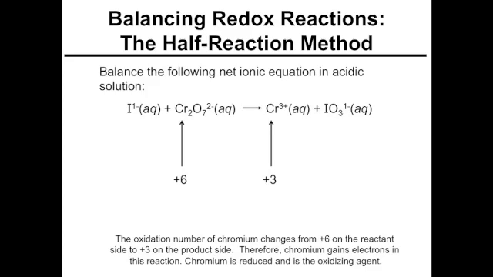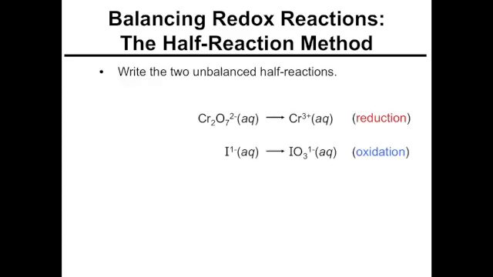So let's divide this into our two half reactions. The chromium is involved in the reduction half reaction, so this would be our reduction half reaction. The iodine is being oxidized, and so this would be our oxidation half reaction. So we split the reaction into two half reactions.